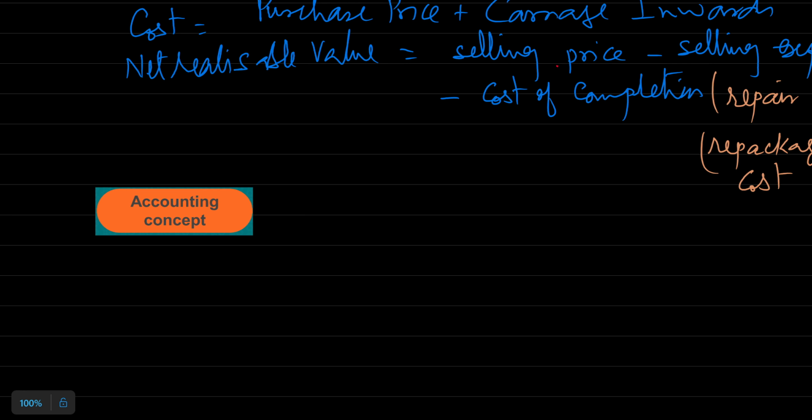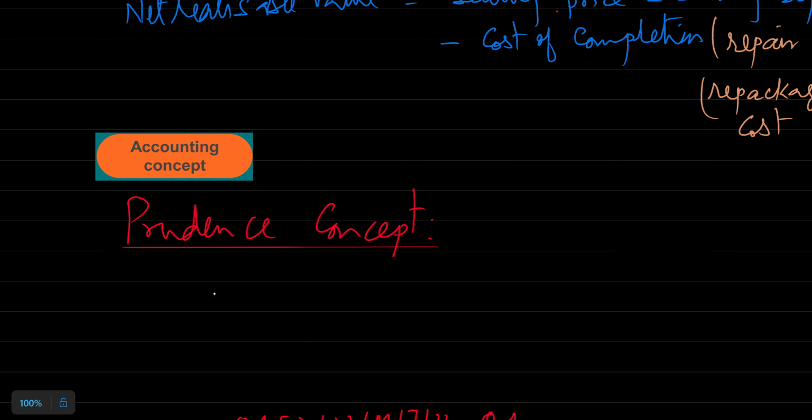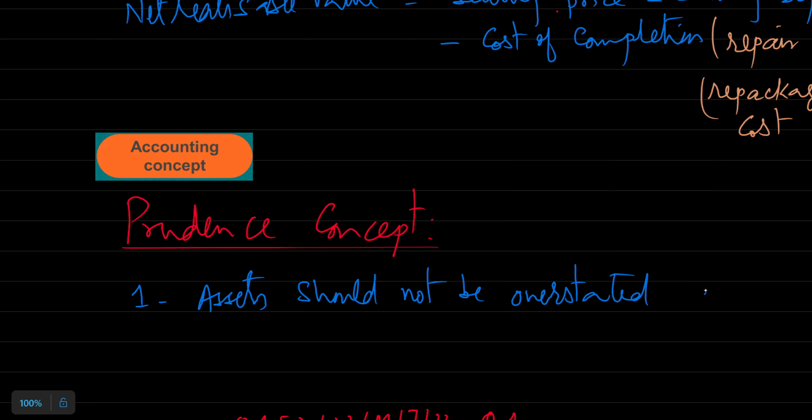So students, the accounting concept involved in calculation of inventory is the prudence concept. And what is the prudence concept? Number one, assets should not be overstated and liabilities should not be understated.